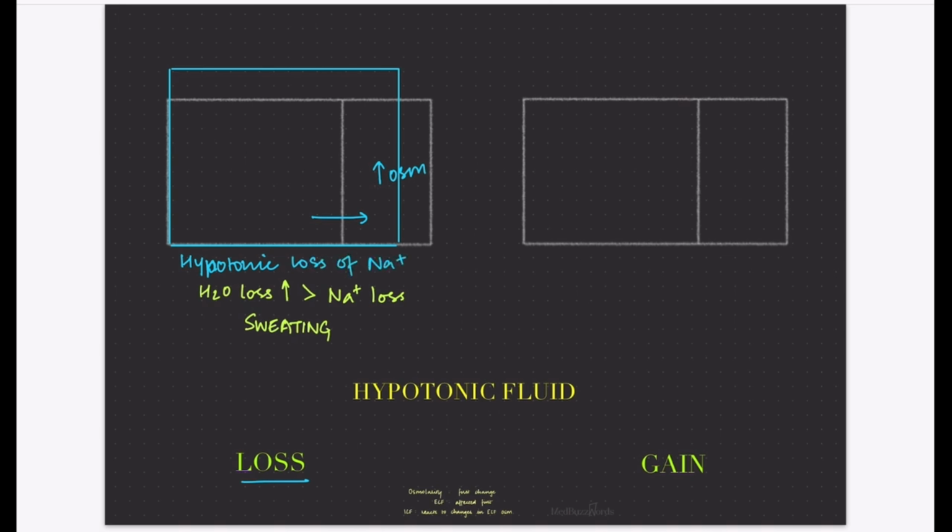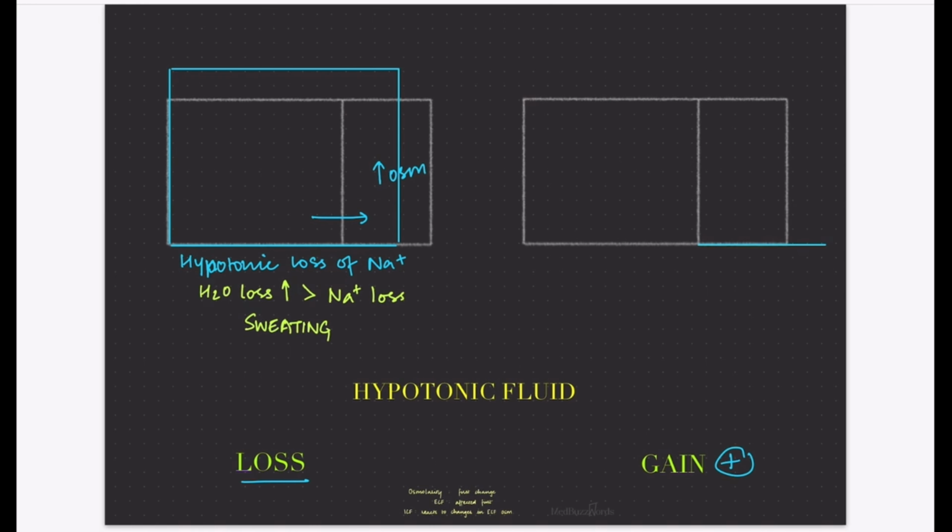Now the fourth condition is the gain of hypotonic fluid. Now since we are gaining fluid, the height is going to decrease because the osmolarity of the body will decrease since we are adding a hypotonic fluid. Since the first change happens in the extracellular fluid compartment, the volume is going to increase.